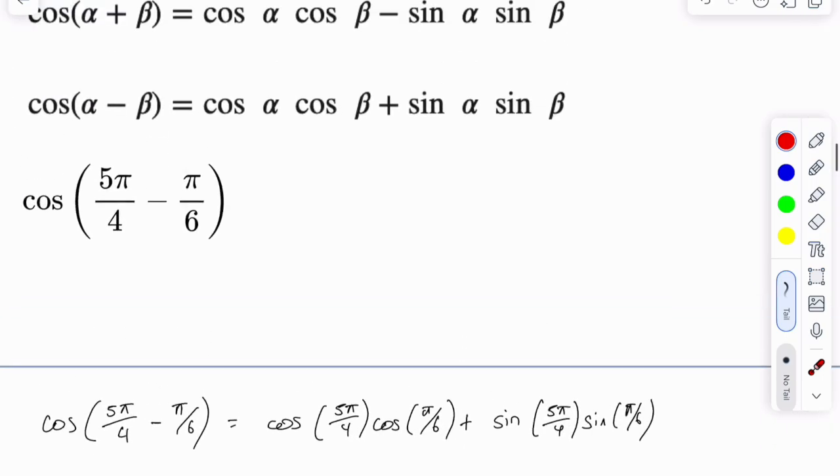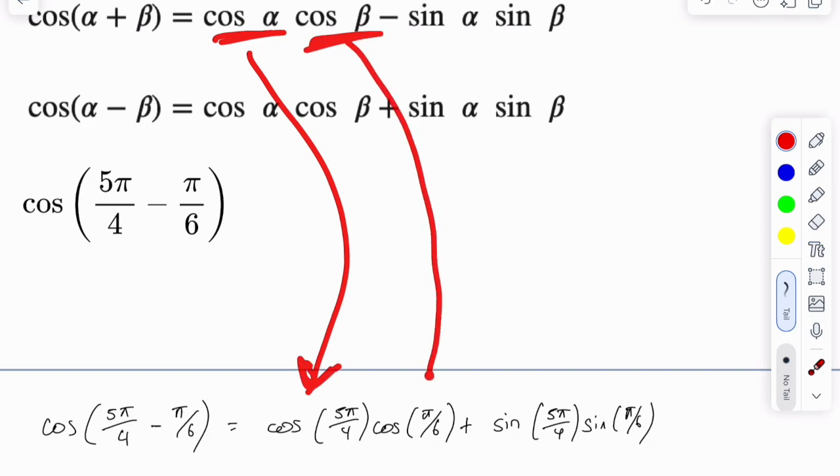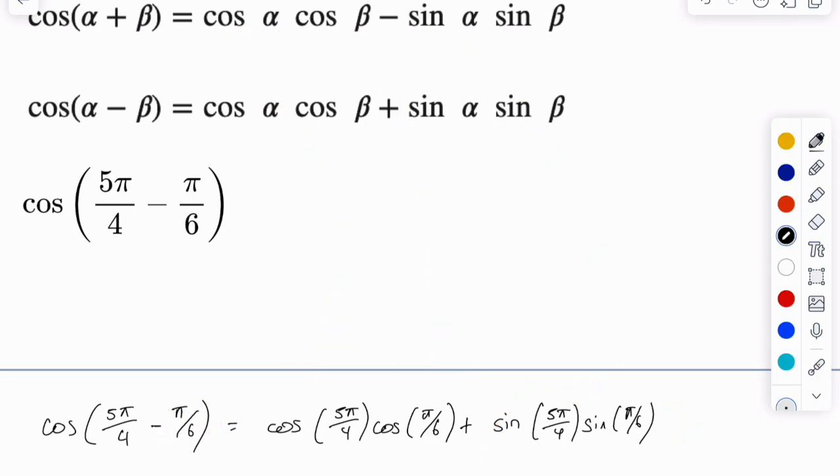Now why has that happened? Because cos alpha cos beta, and this obviously equates here as well.